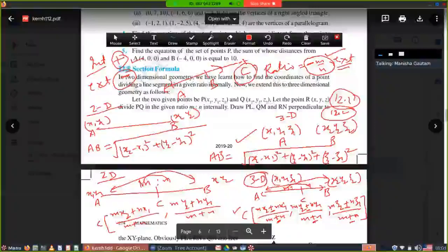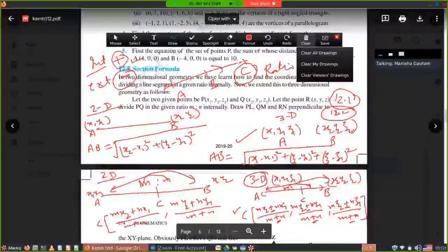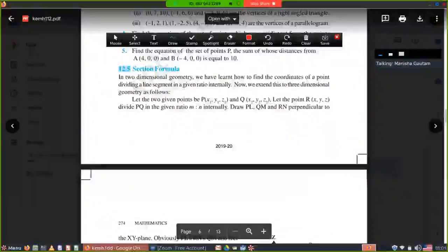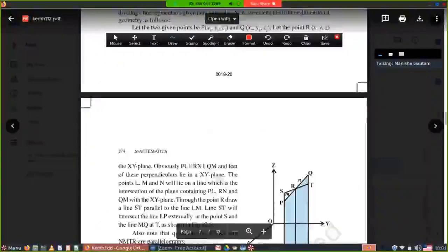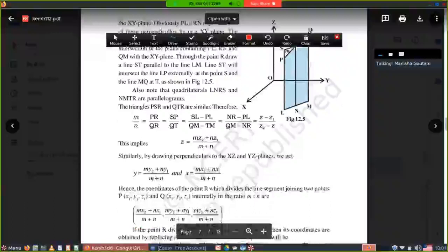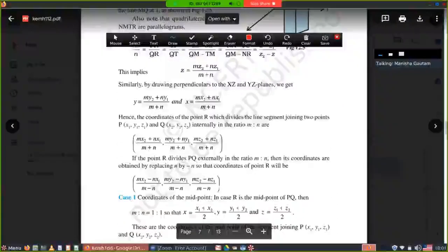Okay. Now further we will discuss the coordinates of the midpoint. If the ratio is m:n, this is the formula I have told you for internal division, and for external division I have told you this one formula. Both signs I have written as a plus-minus sign like this.